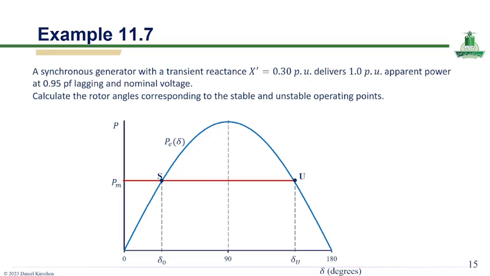The left intersection S represents the stable equilibrium point where small disturbances are naturally corrected, and the right intersection U indicates the unstable equilibrium point where any disturbance leads to loss of synchronism.